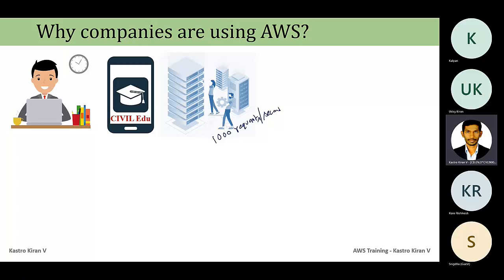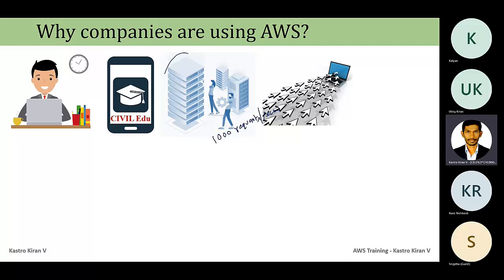Now, what happens in this case? When the traffic or the user requests to the app or website increase, and you bought servers which can handle only 1,000 requests per second, it can handle it if 1,000 people type civiledu.com in a single second.